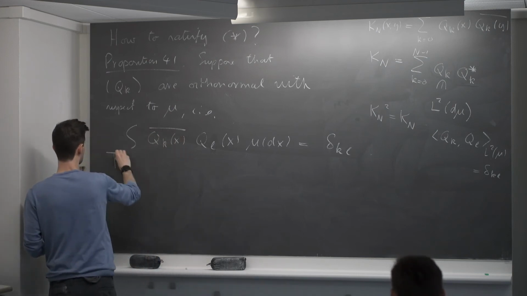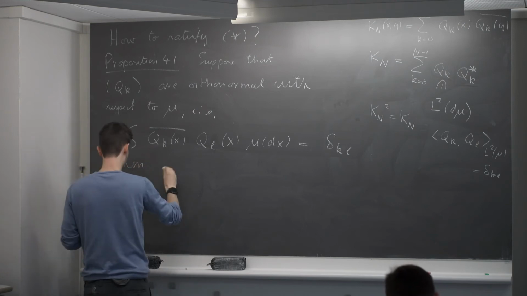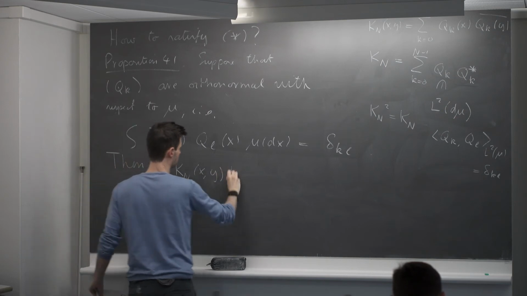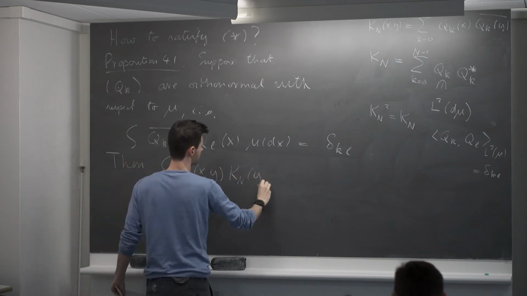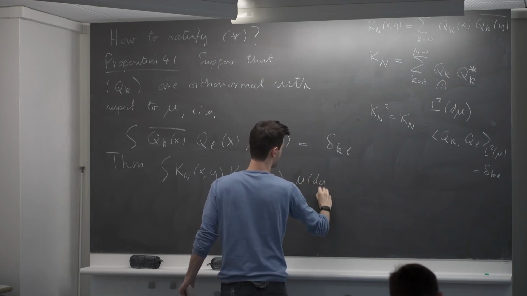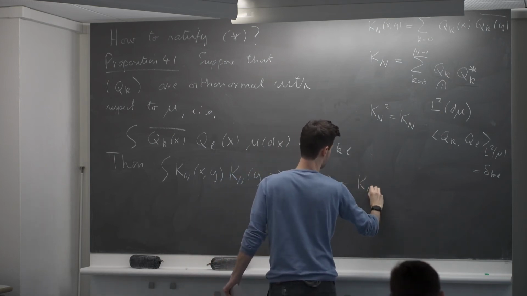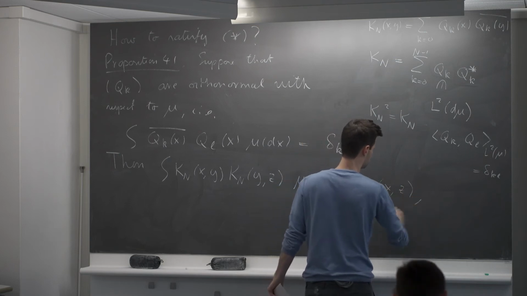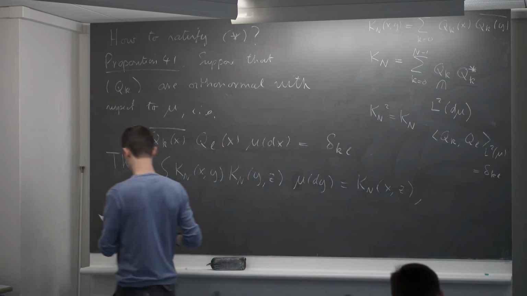Then I have this projection property: the integral of Kn(x, y) Kn(y, z) dmu(y) is equal to Kn(x, z), where Kn is precisely this kernel.